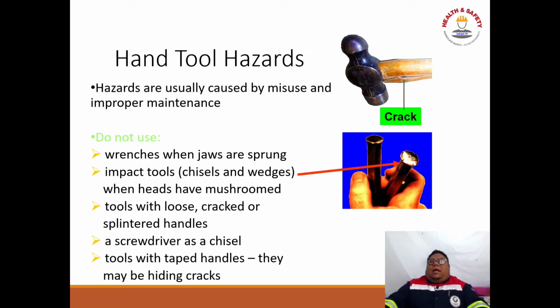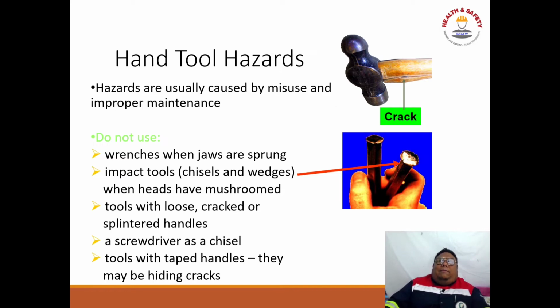As mentioned earlier, hand tool hazards. Take note of this, guys. We show samples that are commonly noticed in the workplace. Number one, hazards are usually caused by misuse and improper maintenance. See the mallet here, the ball peen hammer, there's a crack on the wooden handle.